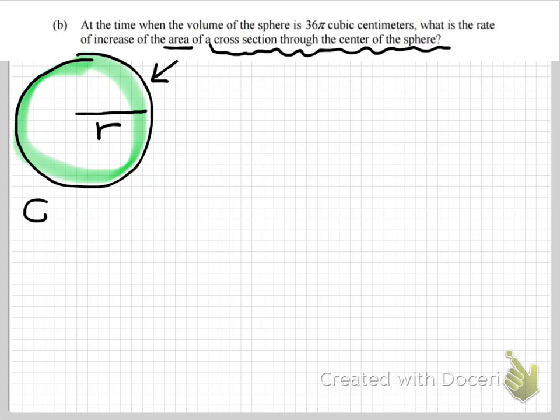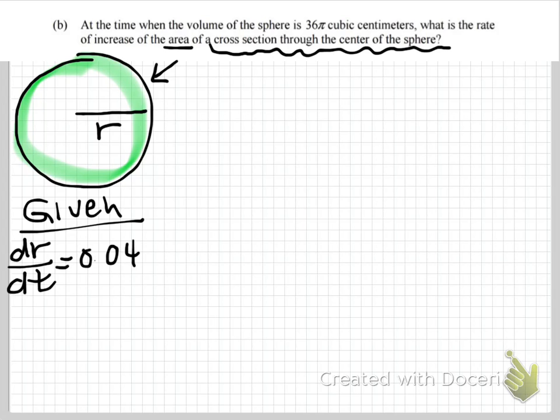So let's write down again what I'm given. Don't forget, dr over dt still equals 0.04 centimeters per second. It's nice to have that because I don't really have any other numbers I can use except for this.